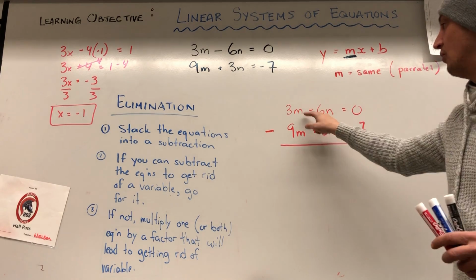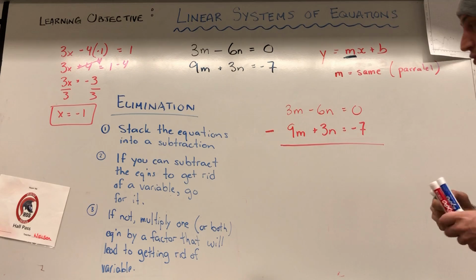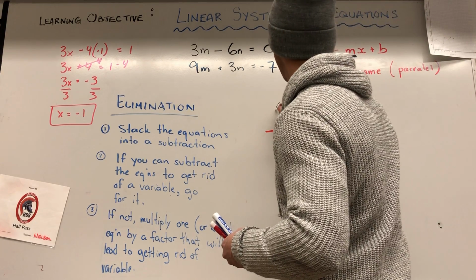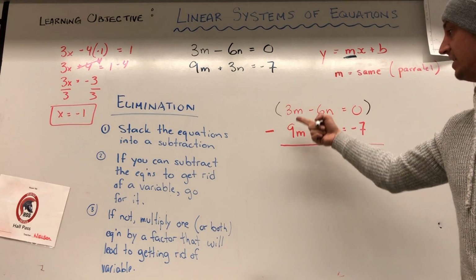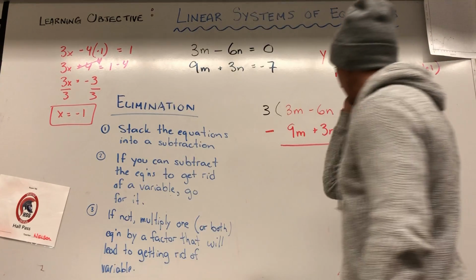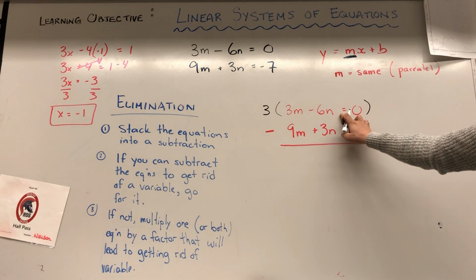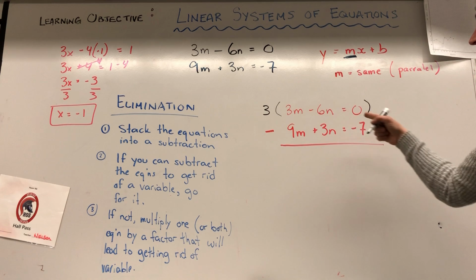So let's say I want to get rid of m's. What do I have to multiply this top equation by in order to be able to subtract out m? Well, it needs to be 9, because 9 minus 9 will make 0. So I'm going to multiply the whole equation, because what I do to one side of the equal sign, I have to do to the other. So I'm going to multiply the whole thing by 3.